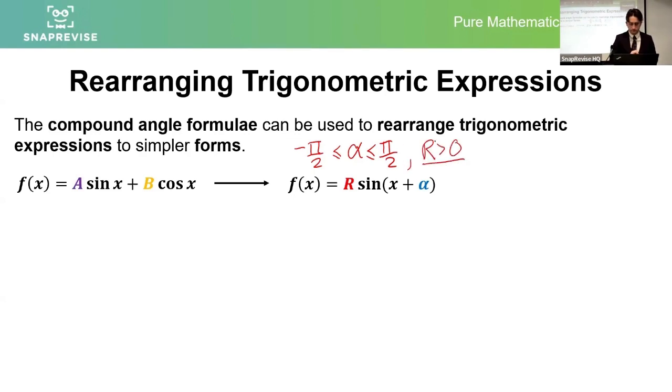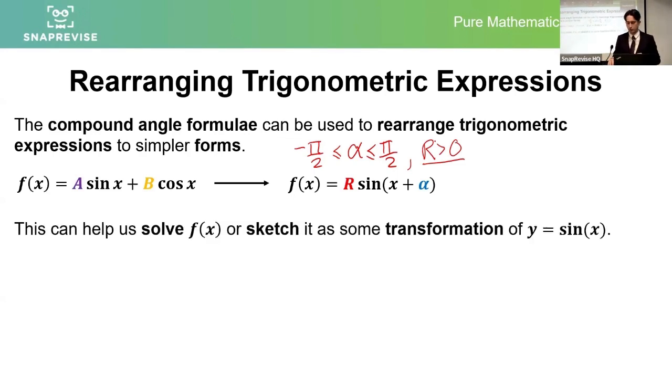That's normally what we're looking at. So these can help us solve or sketch something that previously we would have had no idea about. If it said 2 sine x plus 3 cos x, sketch it, that's really hard to do and imagine. But if we get it all written in terms of sine, it's much easier to visualize that as a single wave function. So that's what we're going to look to do.